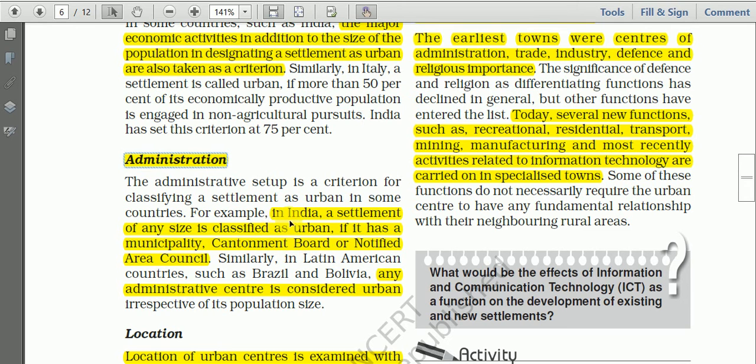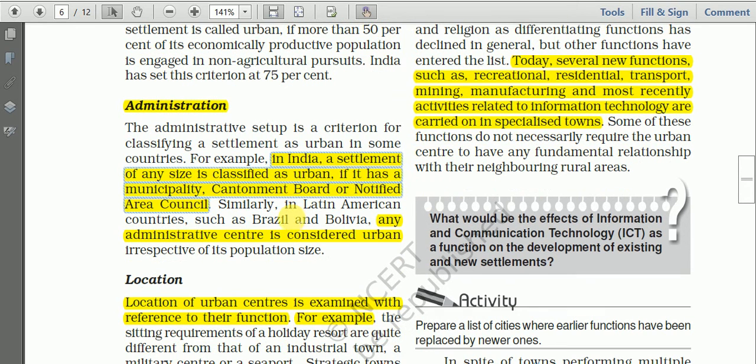For example, in India, a settlement of any size is classified as urban if it has a municipality, cantonment board, or notified area council. So in India, any settlement which has a municipality or municipal corporation or cantonment board, that is a military station, or a notified area council, we call it urban.